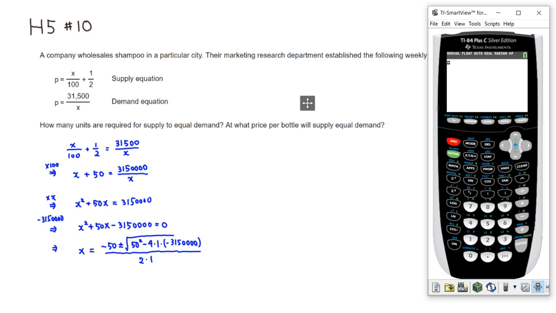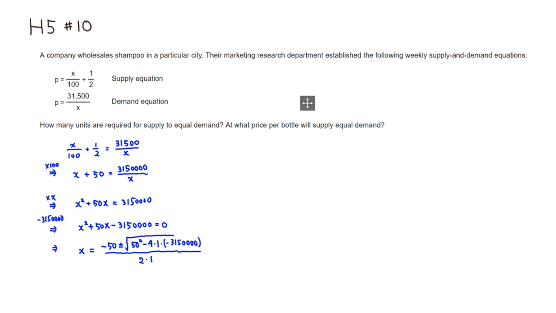I'm going to bring out a calculator. So I'm going to do the square root of 50 squared minus 4 times 1 times negative 3150000. I hit enter, and it's 3550. So this is going to be negative 50 plus or minus 3550 over 2.